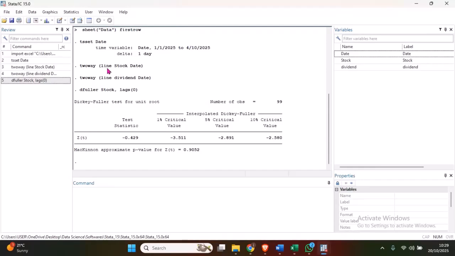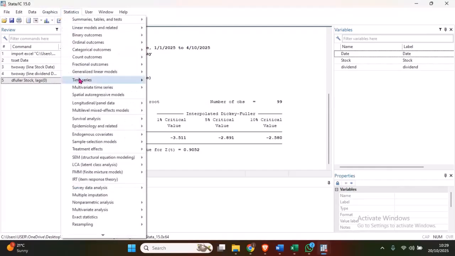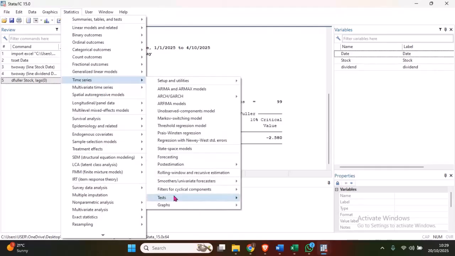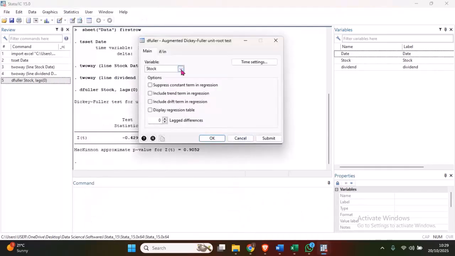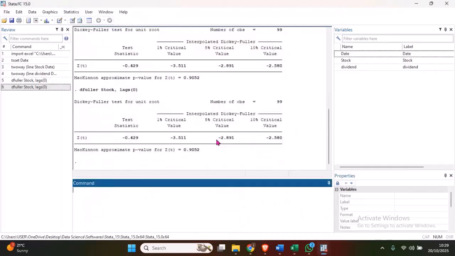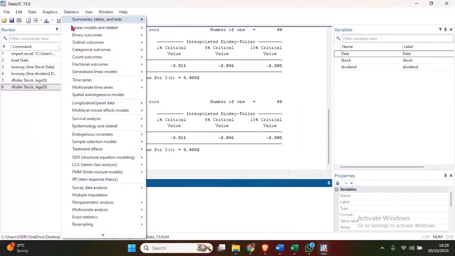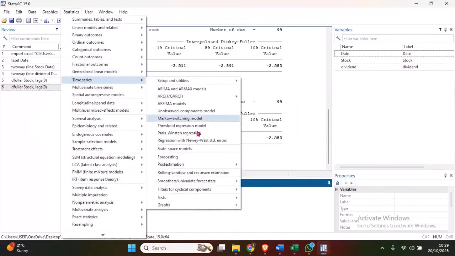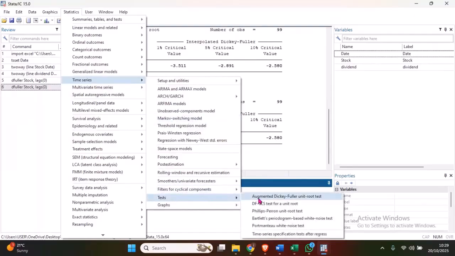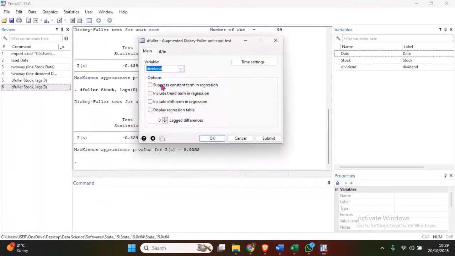So we also test for the second one. We test for dividend, we click OK. The unit root test, sorry, I had tested for stock. Now I test for dividend, click OK.